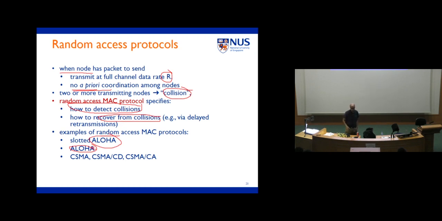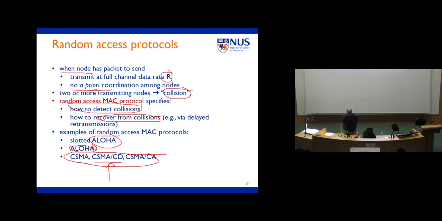There's still some use, but primarily what we use today are protocols called CSMA, which stands for Carrier Sense Multiple Access, and variations of that. Carrier Sense Multiple Access with CD, which stands for collision detection, is basically Ethernet, and we will talk about this today.